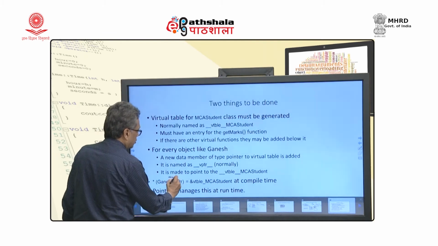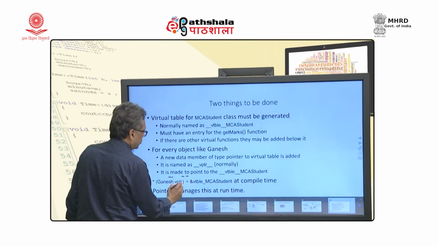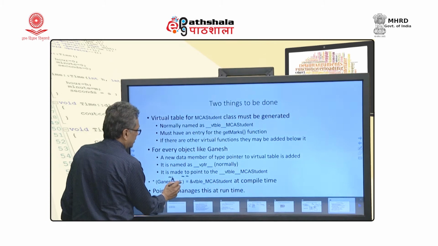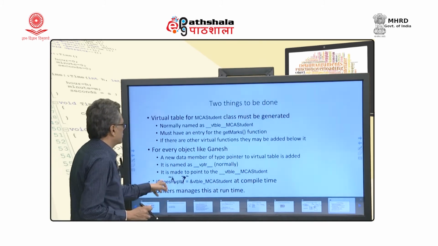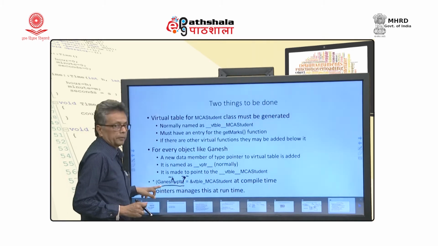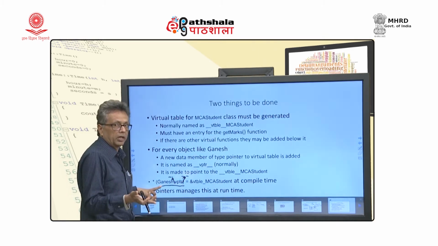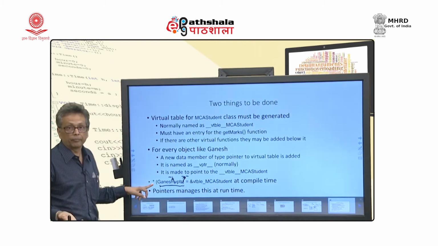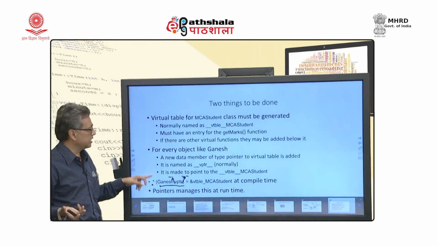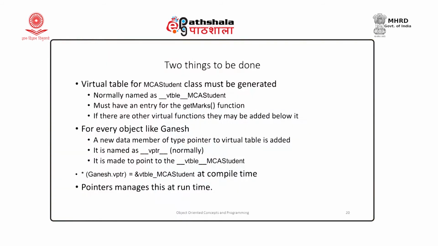I am not specifying it actually, but normally it is so. So, Ganesh dot VPTR is a pointer; star of it is the vtable, which is just the address of vtable MCA student.